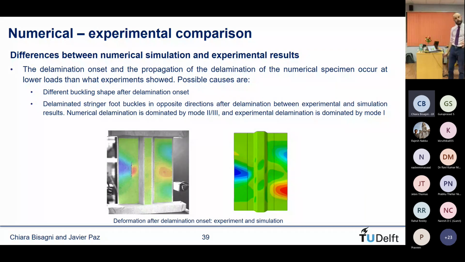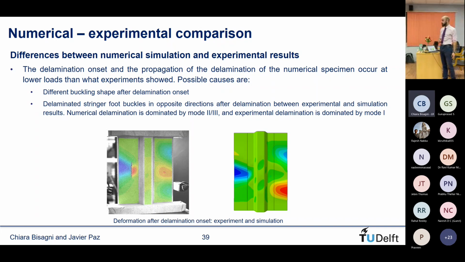In the experiment, we saw that it buckles upwards and the skin inwards, while in the numerical model, probably due to imperfections from the specimen itself, they both buckle up, which also affects how the damage between the skin and stringer is going to propagate. It's more dominated by mode 2, mode 3, rather than what would be mode 1.